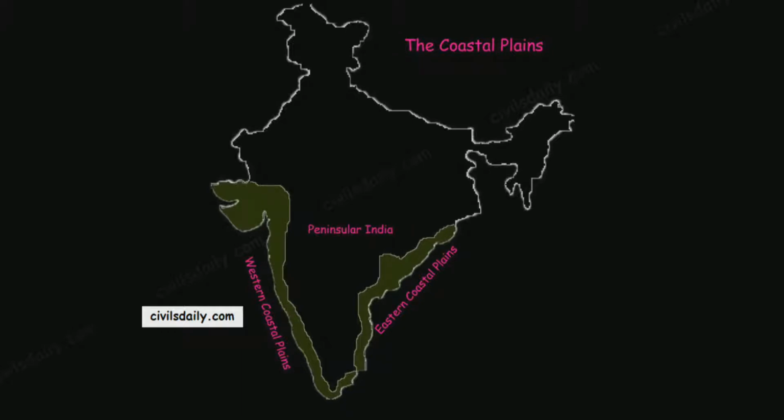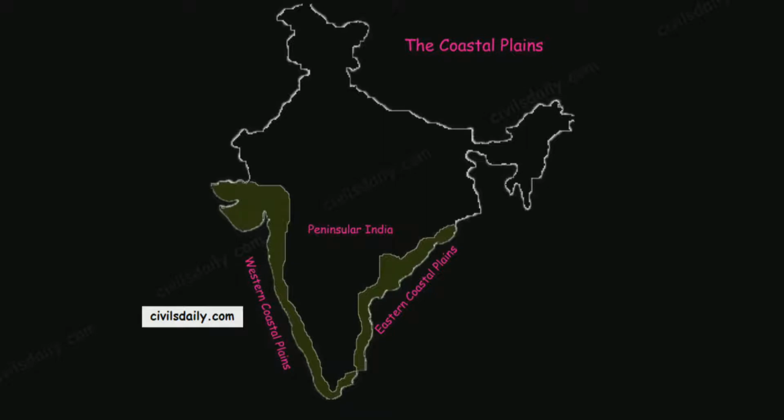A coastal plain is a flat, low-lying piece of land next to the ocean. To the east and west of the peninsular plateau, two narrow strips of plain lands are found, which are respectively called eastern coastal plain and western coastal plain. Understand?